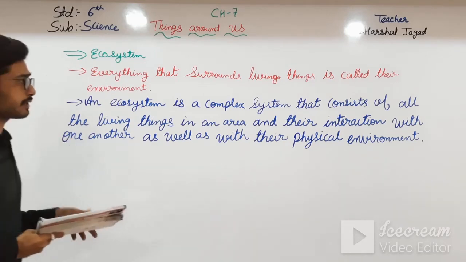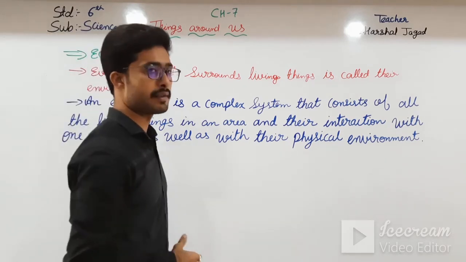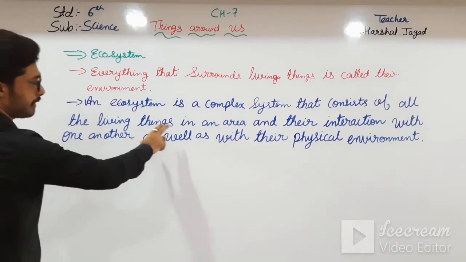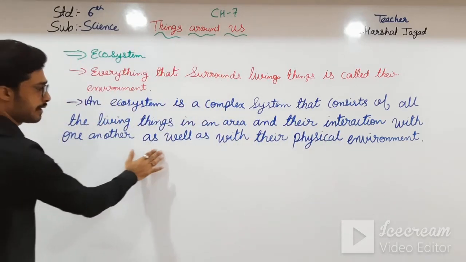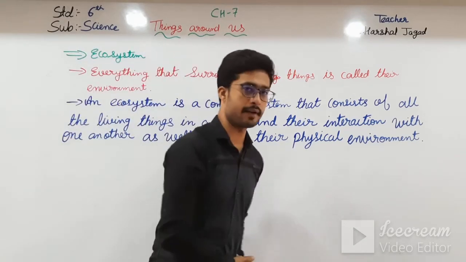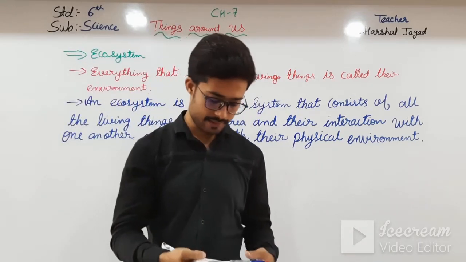Okay students, an ecosystem is a complex system that consists of all the living things in an area and their interaction with one another as well as with the physical environment. So this is called the ecosystem.